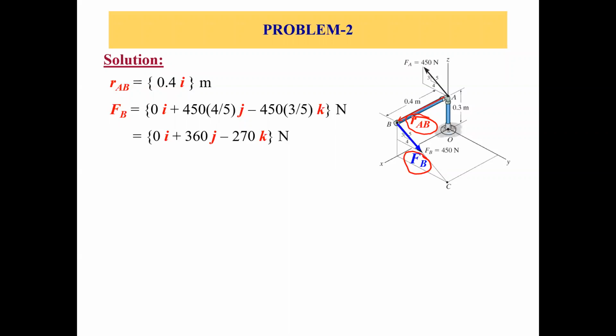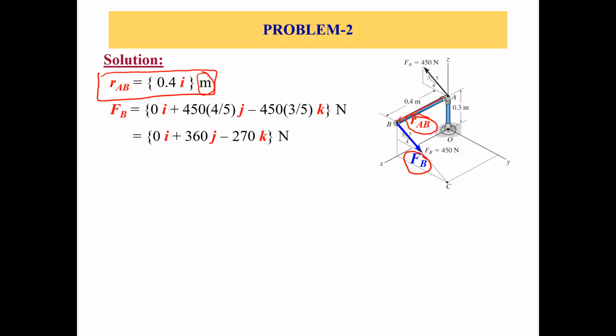We know that RAB is in the direction of the x-axis, so we don't have y component and z component in position vector. So what do we get as RAB? Just follow the tip minus tail rule. Here B is the tip, A is the tail. We'll get RAB equals 0.4 times i, and don't forget to put the units, meters.